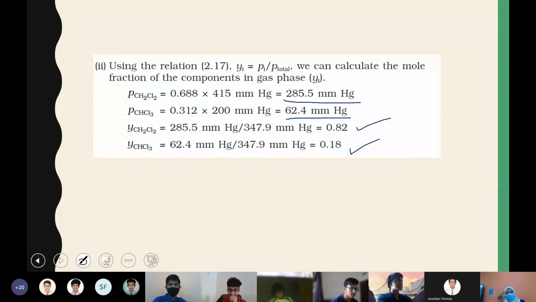Because number 1 is always for the solvent and 2 for the solute, which is less in quantity. Are you all getting it?